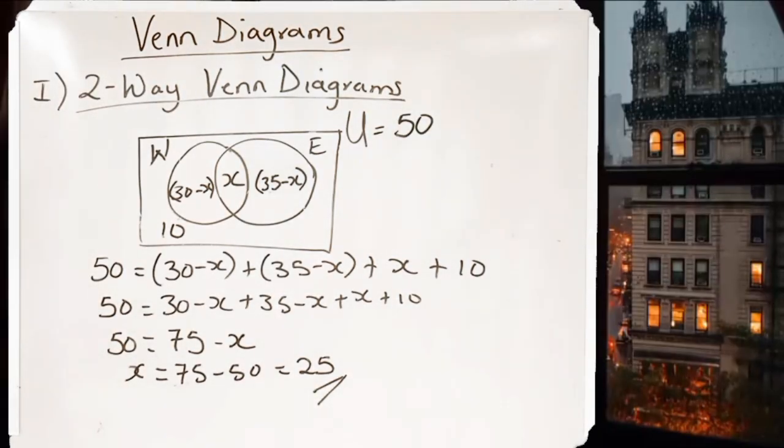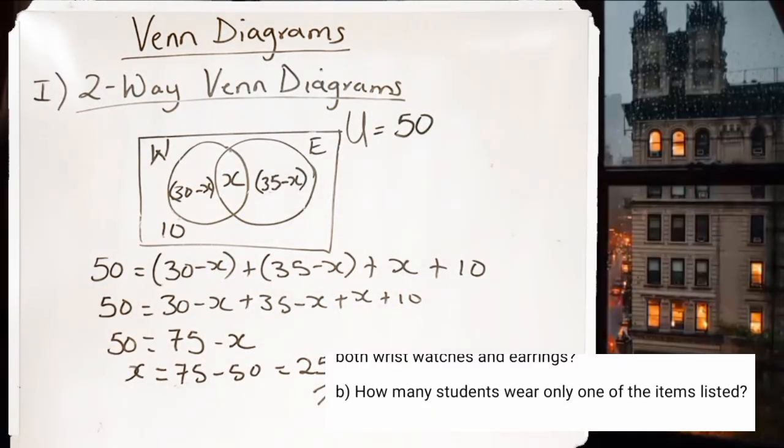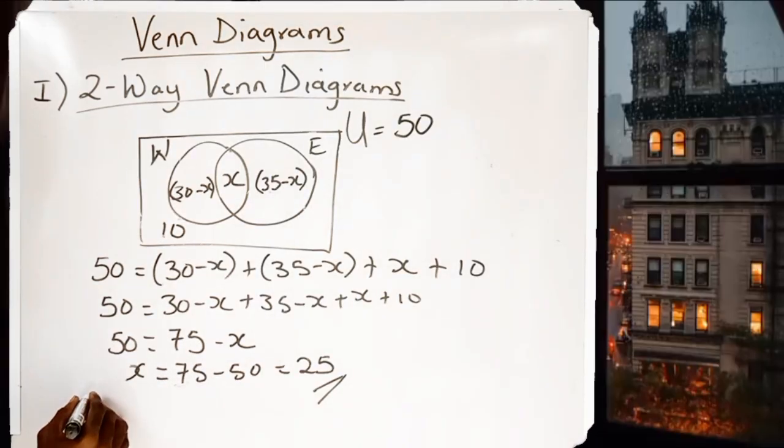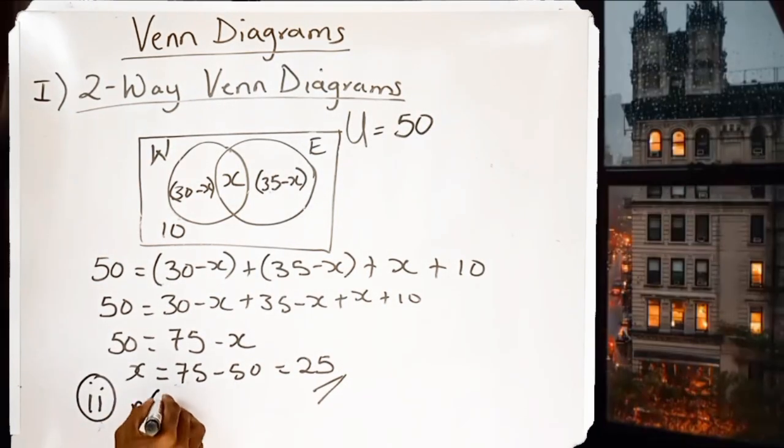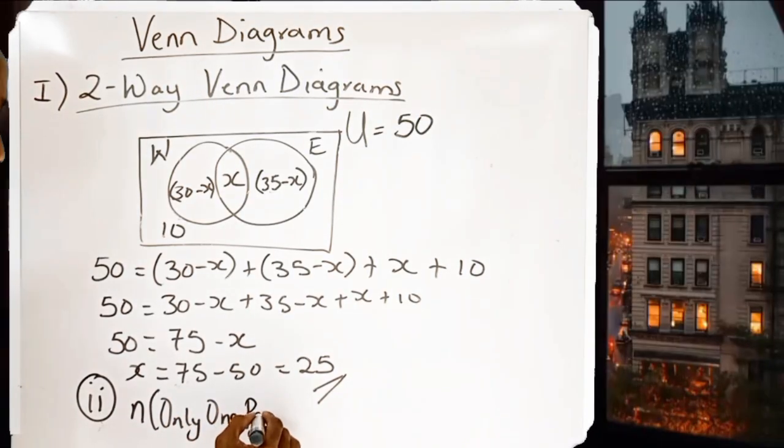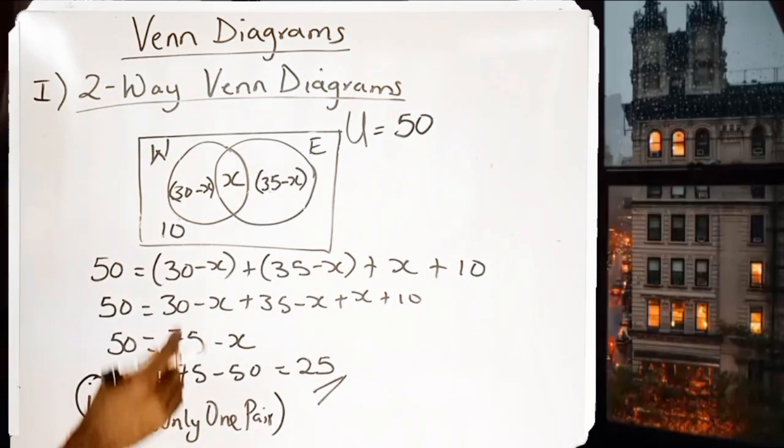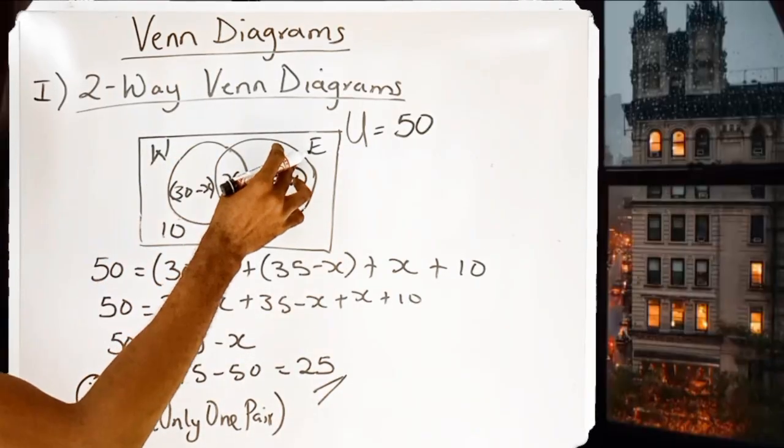When you've been able to solve those who did both, questions can now ask you to solve those who have only one of those pairs. Calculate the number of students which have only one of those pairs. If I want to get the number that have only one pair, it means I will add the W only and the E only.